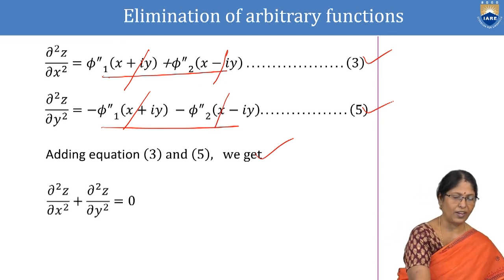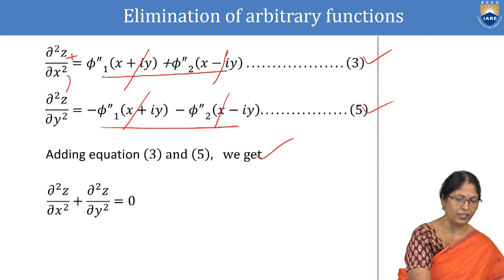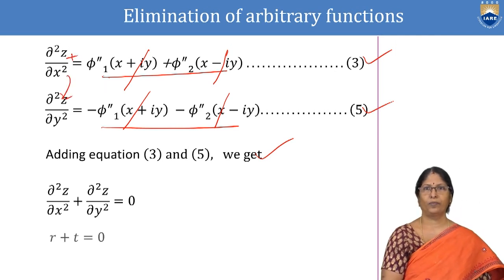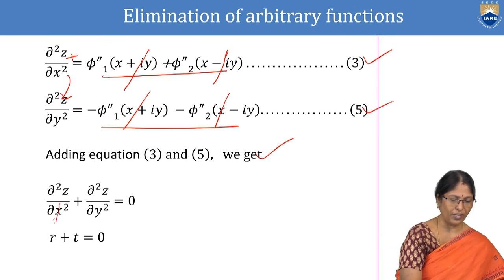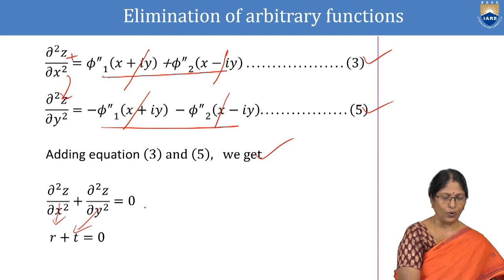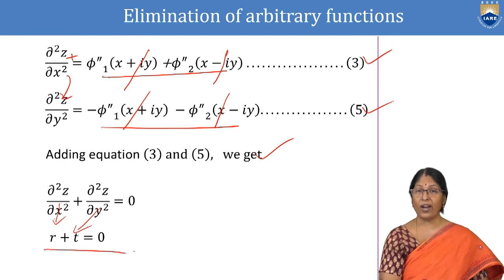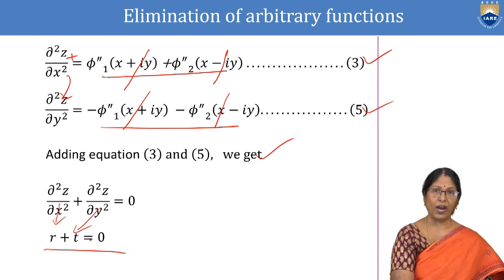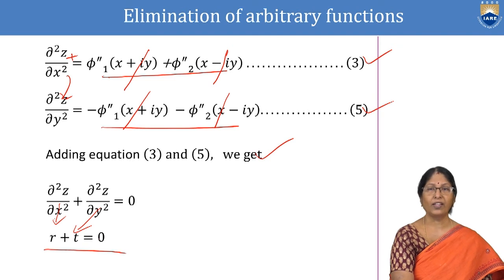So the left side is this plus this, which is equal to 0. Now this notation is r, this notation is t. If you are noticing the required solution, what we got, completely φ1 and φ2, the two functions, are completely eliminated.